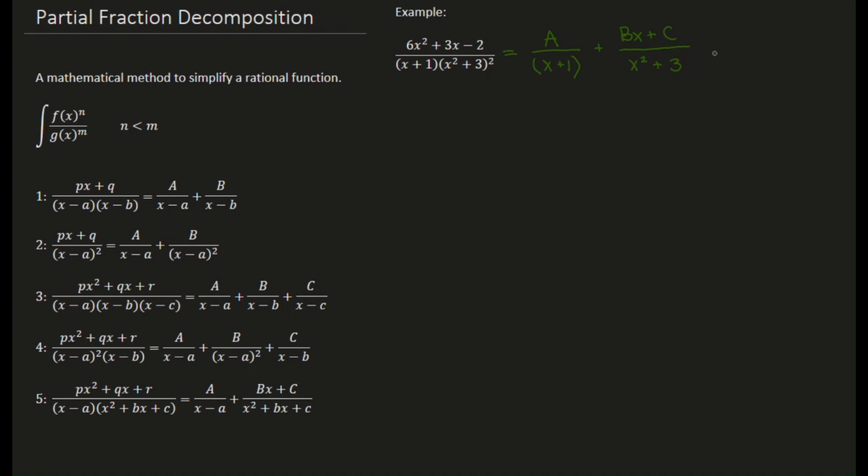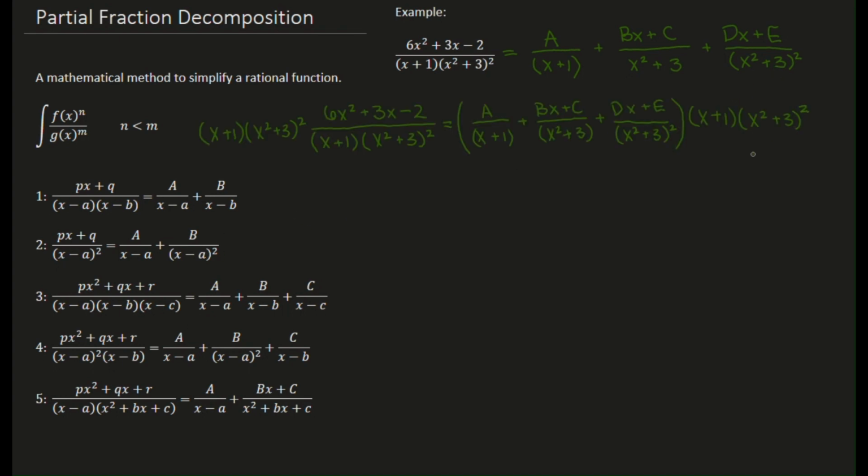And then I'm going to combine one more using dx plus e over x squared plus 3 squared. So that's taking into account this additional square. The rest of our setup will be the same.